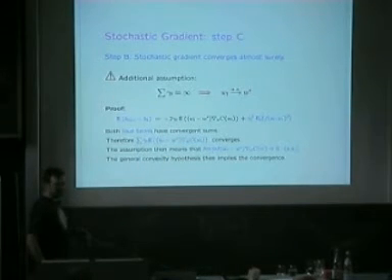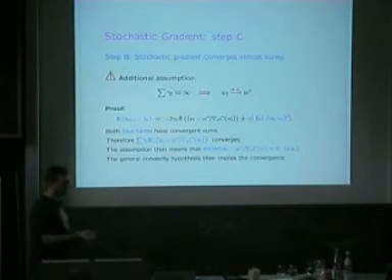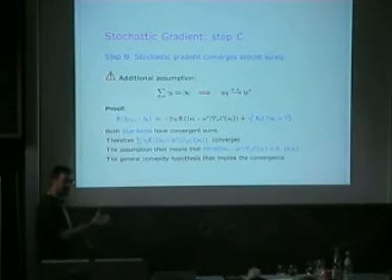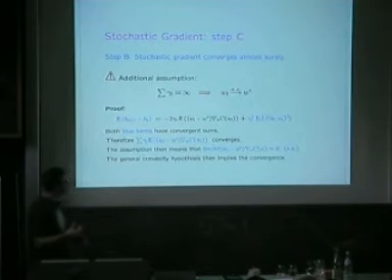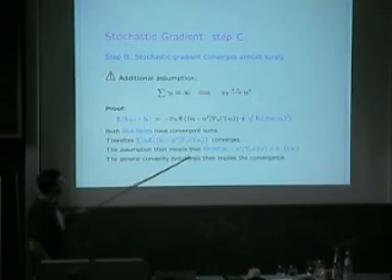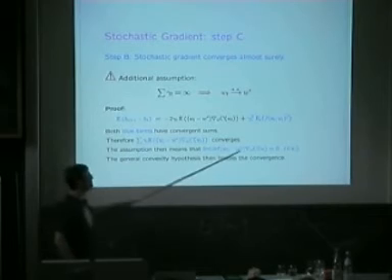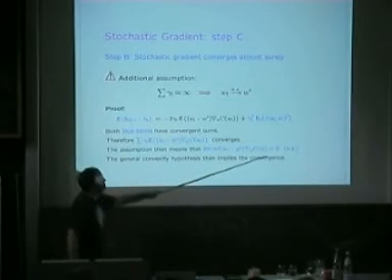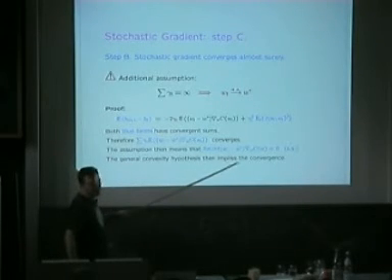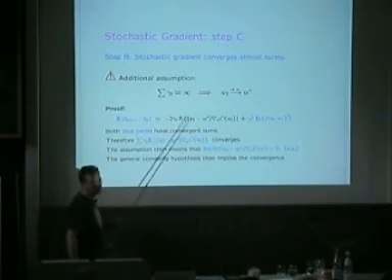If the expectation of something positive goes to 0, it means that this thing cannot remain non-zero on a non-negligible set, a set of probability more than 0. So therefore, this goes to 0 almost surely, and therefore W goes to W star, because of the general convexity hypothesis.